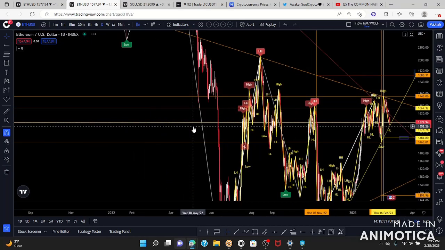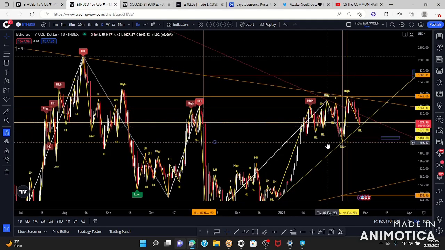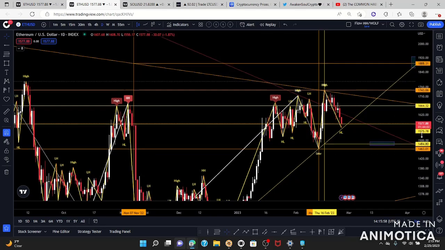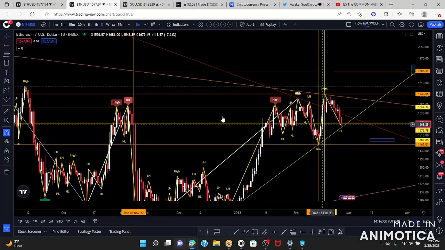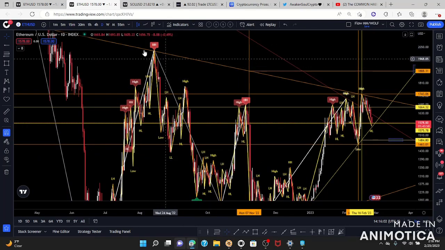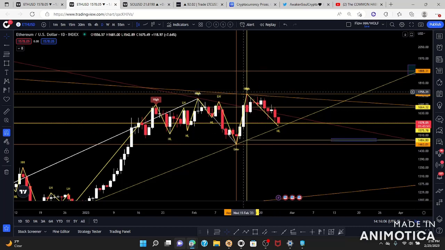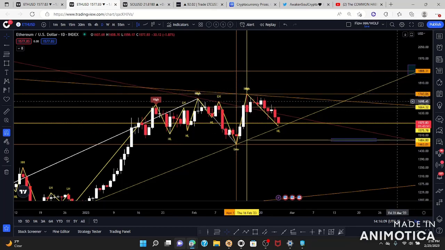So my bullish target will be the same as the weekly, one touch, two touches. So we cross to the upside. This would be the intersection right here.